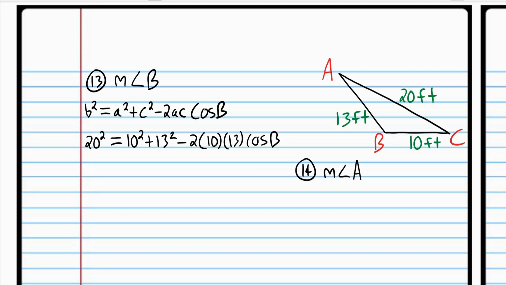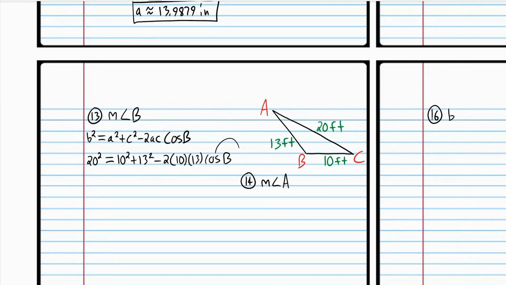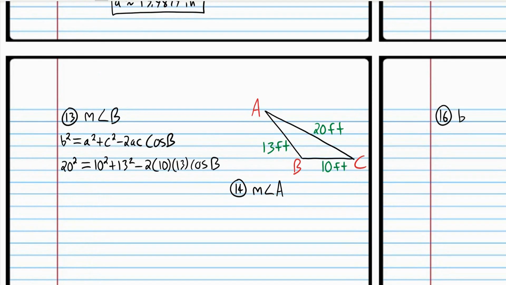Now, notice that we're finding the measure of angle B first. The reason we're doing that is because when we find this angle with this equation, and that's really important to understand, this equation always gives us the right answer because it factors in every side of the triangle, which means that this angle is going to be the only option for the angle.